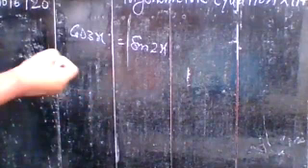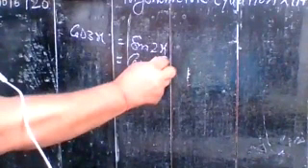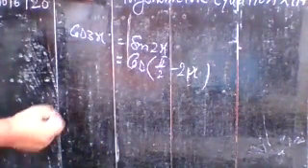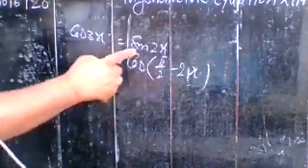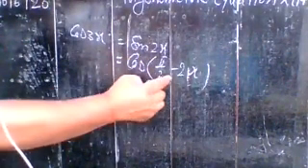So here you have sin 2x, and that can be written as cos (pi by 2 minus 2x). You know the identity: cos (pi by 2 minus 2x) is sin 2x. So in place of sin 2x, here I write cos (pi by 2 minus 2x).